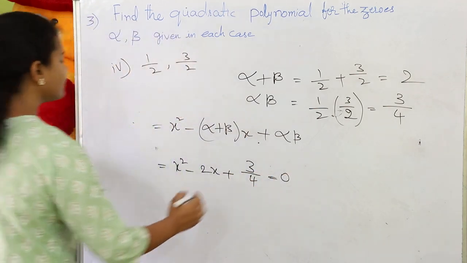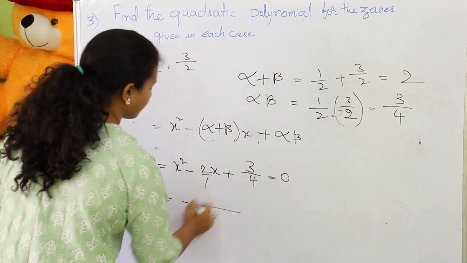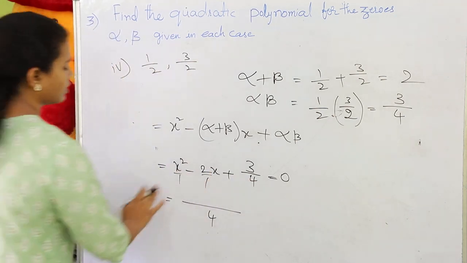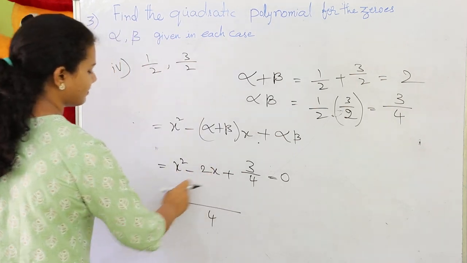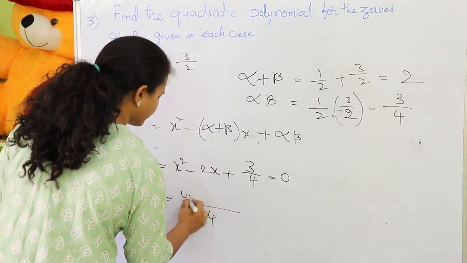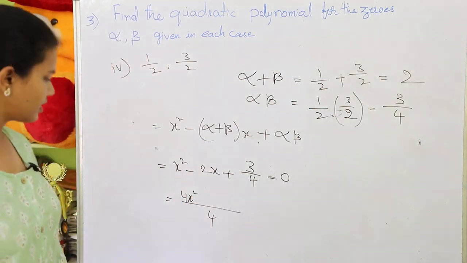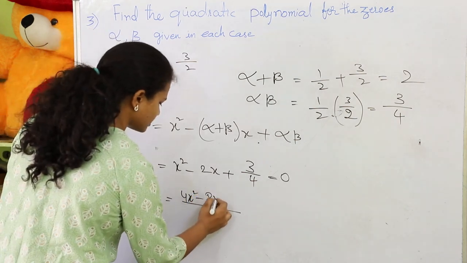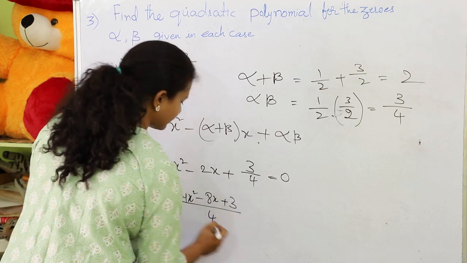Then we take LCM as 4, because the other denominators are 1. So 4x square minus 8x plus 3.